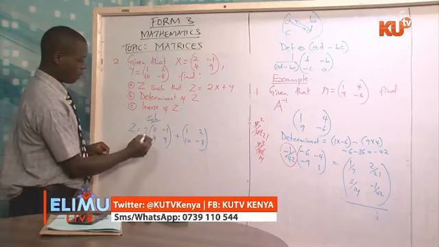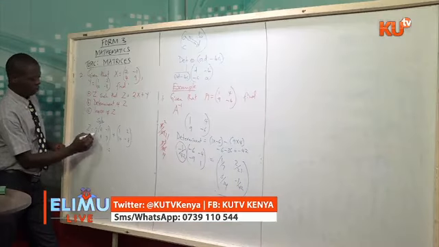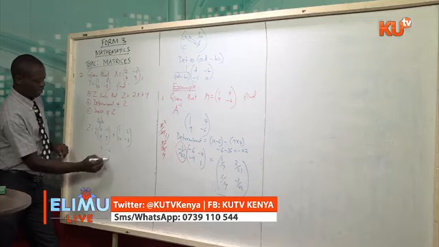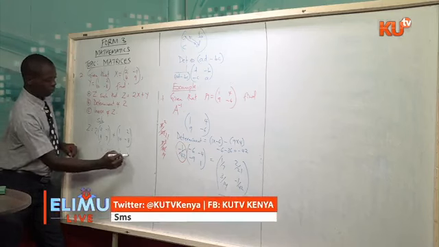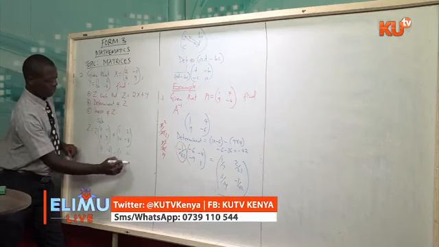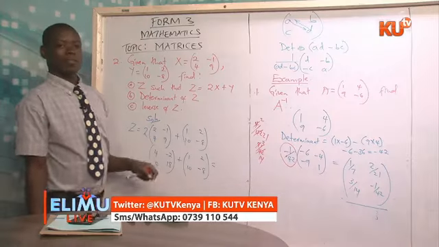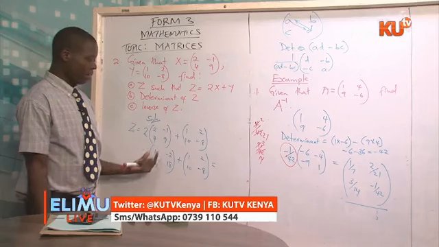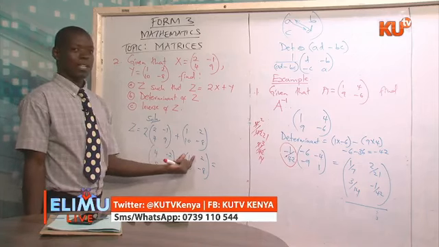Now we expand. Multiply what is outside the bracket by every element in the bracket. So that will be 2 by 2 is 4, 2 by negative 1 is negative 2, 2 by 4 is 8, 2 by 9 is 18. Then we add 1, 2, 10, and negative 8. We add elements in their respective positions from each matrix, meaning first element in the first matrix, first element in the second matrix.